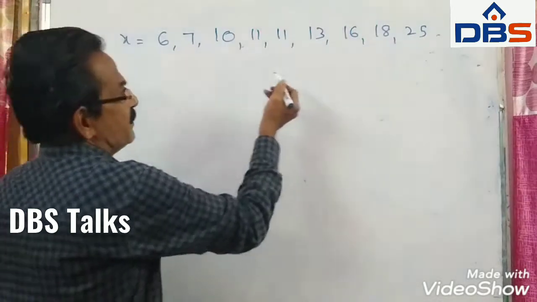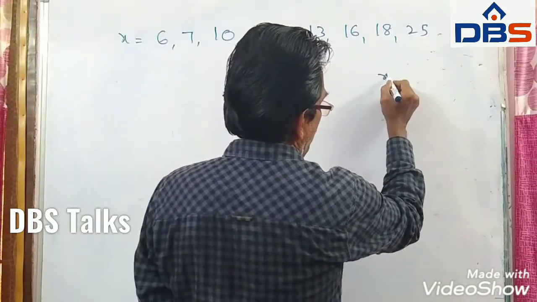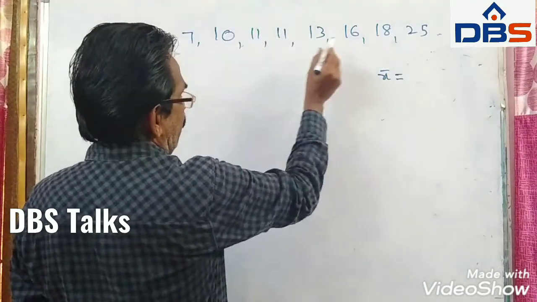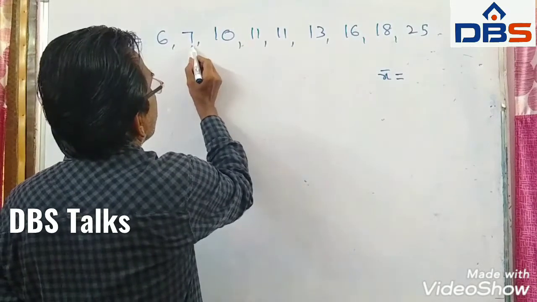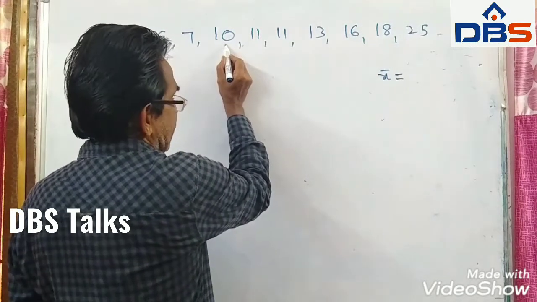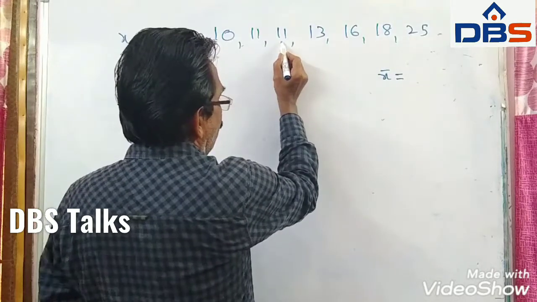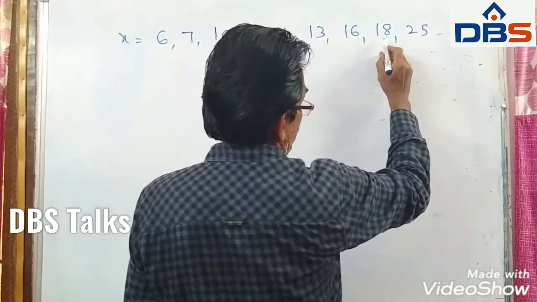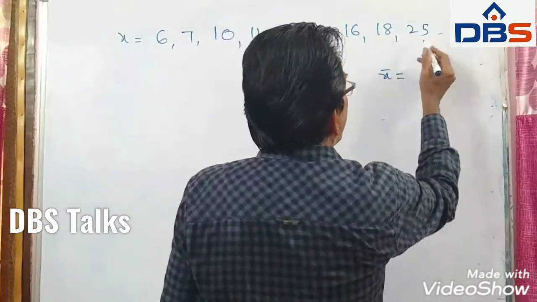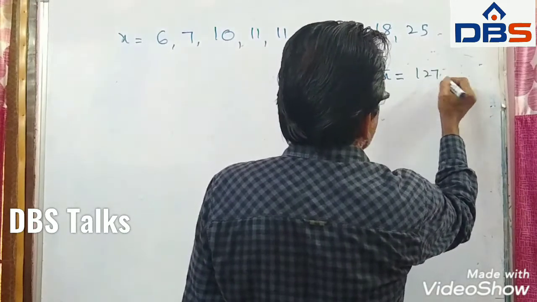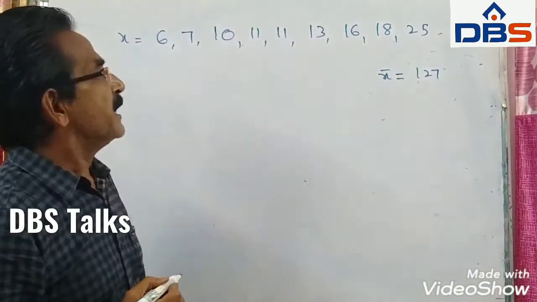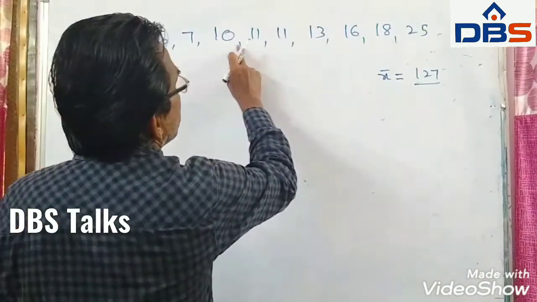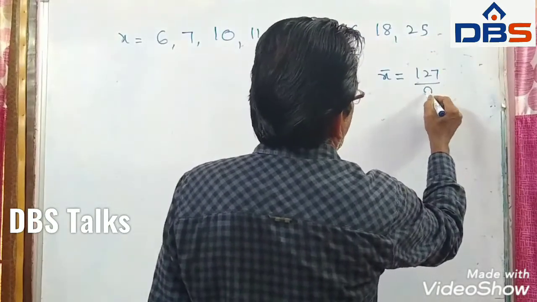So first find x bar. X bar is equal to, let us add all these things. 6 plus 7, 13, 13 plus 10, 23, 34, 45, 58, 74, 74 plus 18, 102, 102 plus 25, 127. So x bar is equal to 127 by how many values are there, friends? 3 plus 3 plus 3, 9 values are there.